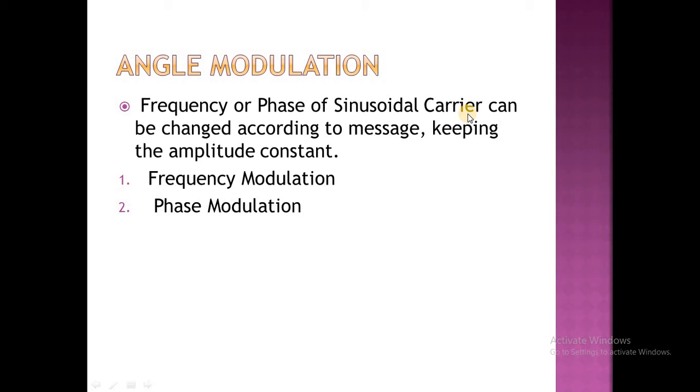The characteristics mainly are frequency and phase only. With respect to the message signal, we are changing the characteristics of the carrier. The characteristics are frequency or phase. While changing the frequency and the phase, we are keeping the amplitude constant. Angle modulation is further divided into frequency modulation and phase modulation.